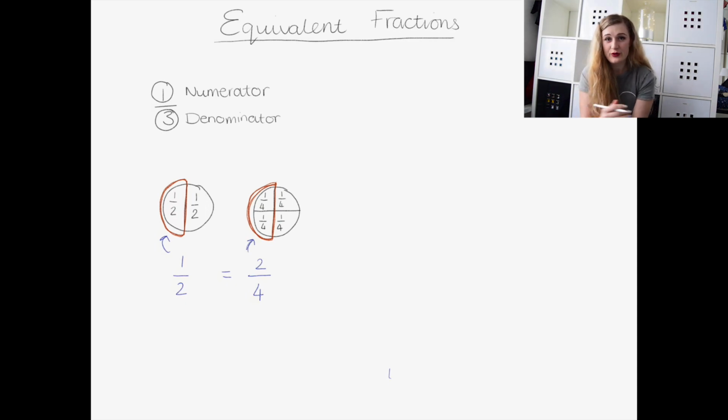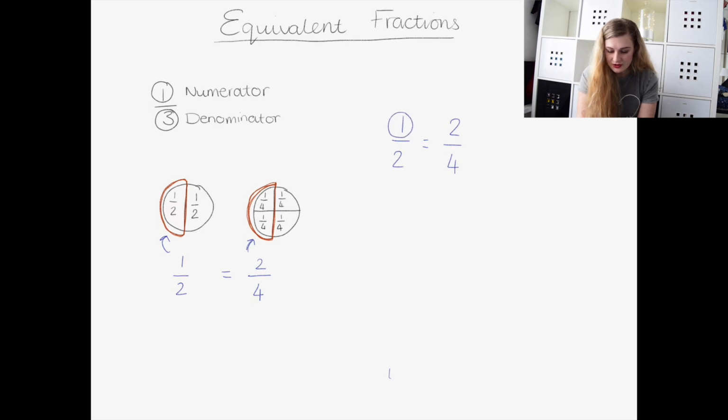Now, if we take a look at the actual numbers, so I'm going to draw them a bit bigger here, 1/2 equals 2/4. I can look and I can see what is happening with those numbers. So if I look at my numerator, that's my top number, this first one, I've got the number 1.